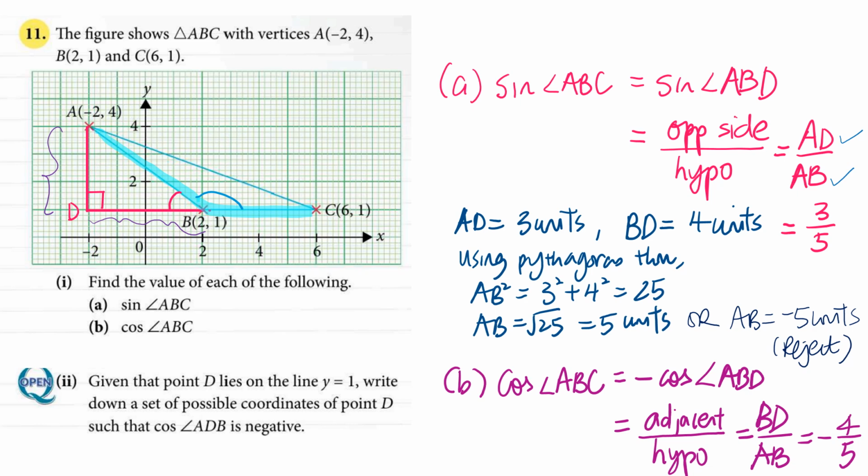I think we need to put the negative here. I think just bracket it. To be more accurate, we should bracket the negative of adjacent over hypotenuse.